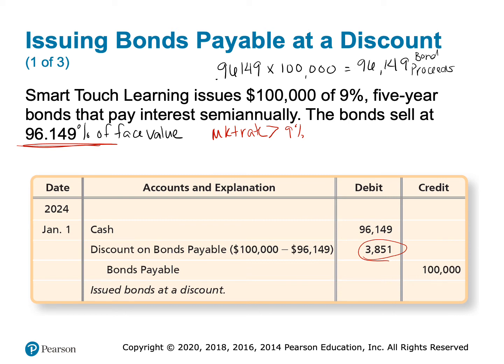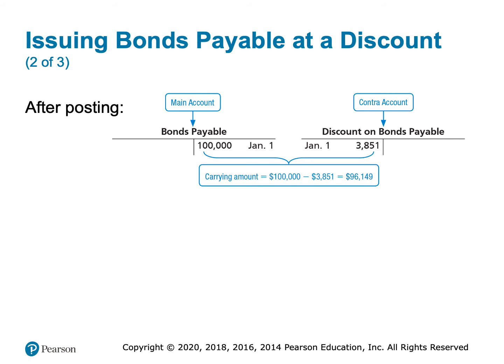So discount on bonds payable is a contra liability account. So remember, liabilities have a normal credit balance. Therefore, the contra liability will have a normal debit balance. So when we look at the accounts here, bonds payable is the main account. It has a credit balance of $100,000. The discount has a debit balance because it's the contra, it's the opposite.